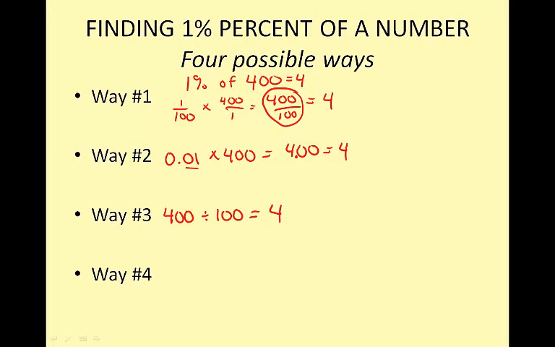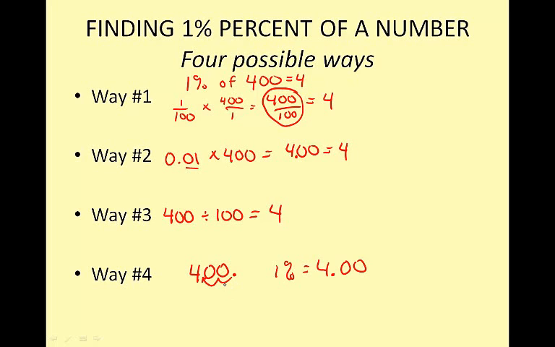And the last way is not technically a way, it's just something that you can notice. If I were to put a decimal in the problem, the decimal would be at the end of the zeros because that makes it 400 wholes. And when I said 1% is equal to 4, if I move the decimal 2 places this way, my decimal is now right here, because this also means 4.